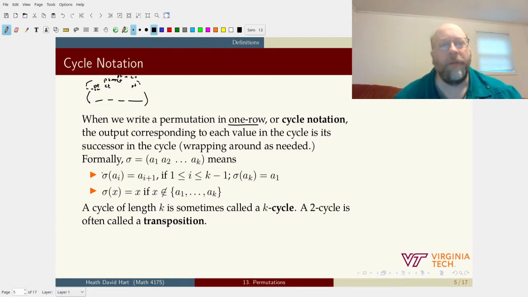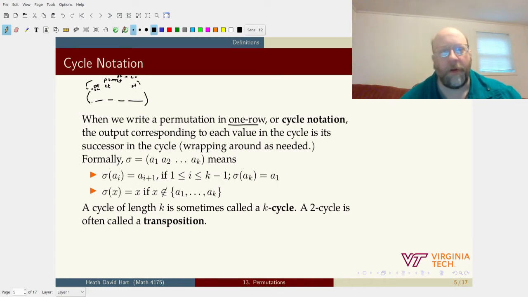So in other words, whatever this permutation does, it takes the a sub i-th term and sends it to the a sub i plus 1, with the a sub k-th term going back to a sub 1. And if x is not in that set, then it sends a letter to itself.